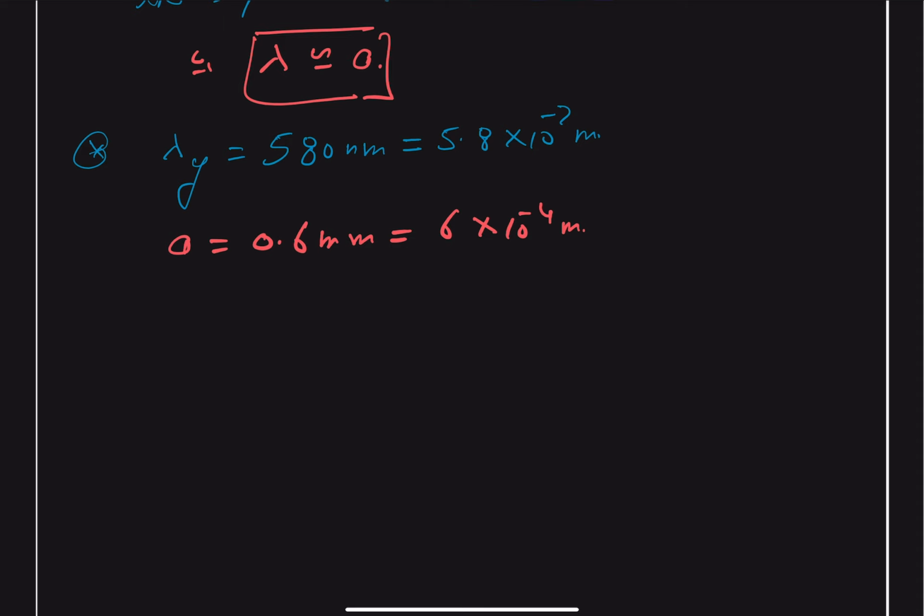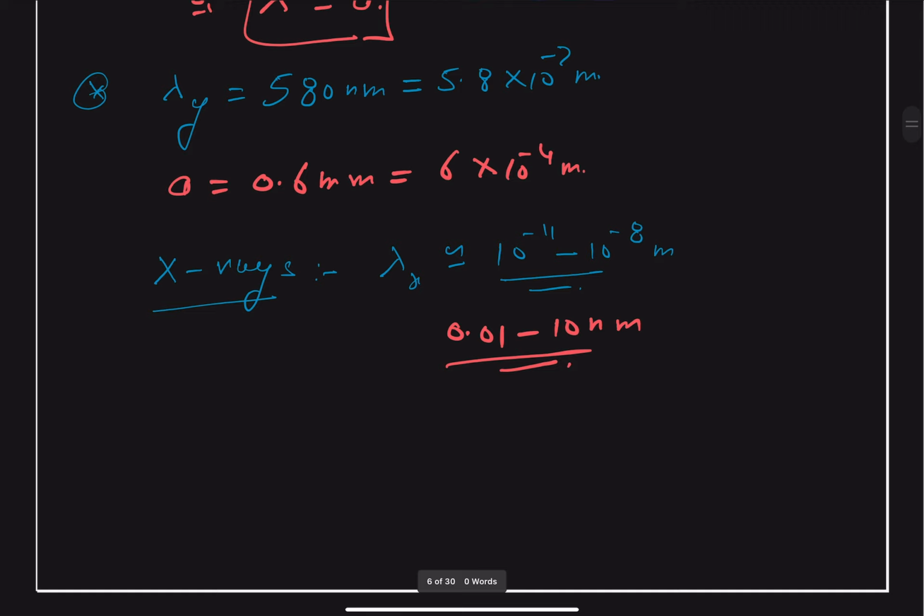X-rays. For X-rays, the wavelength lambda x is approximately in the range of 10 to the power minus 11 to 10 to the power minus 8 meters, or 0.01 to 10 nanometers.